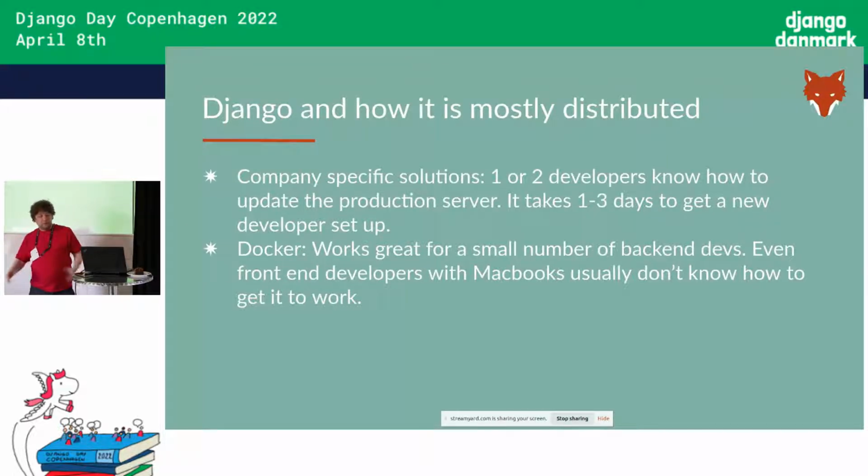You have 1 to 2 developers who can do this within the organization. There's specific steps that they have to go through. When a new developer comes in, and this is a well-trained developer, it takes them up to multiple days to get the app that the organization is running up and running on their laptop.